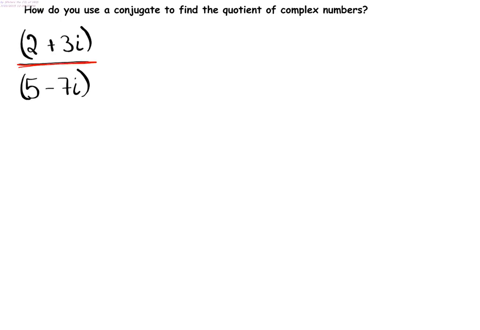Now, we are going to use the conjugate of the denominator. In this case, the conjugate of the denominator is going to be 5 plus 7i, the good twin. And I want you to also remember that if I multiply something by 1, even if it's a funny looking 1, any number over itself is equal to 1.